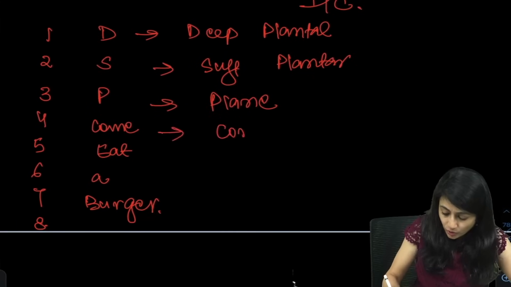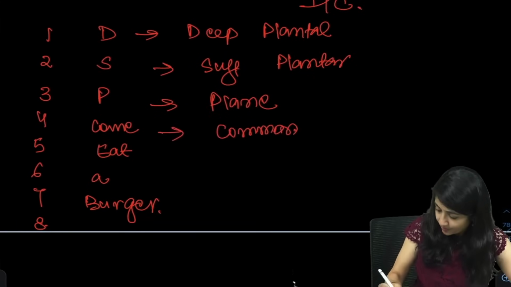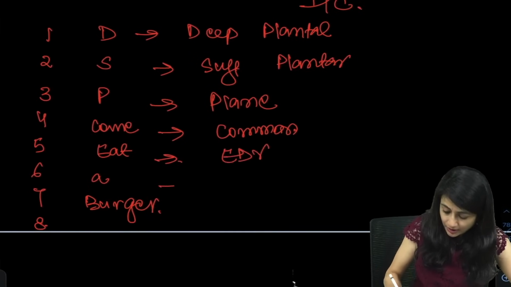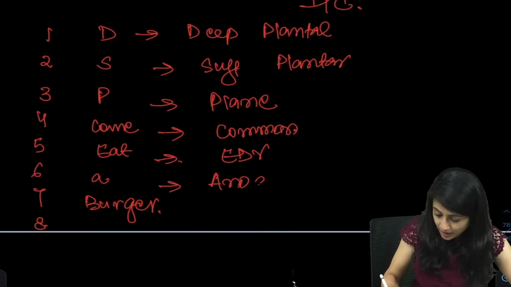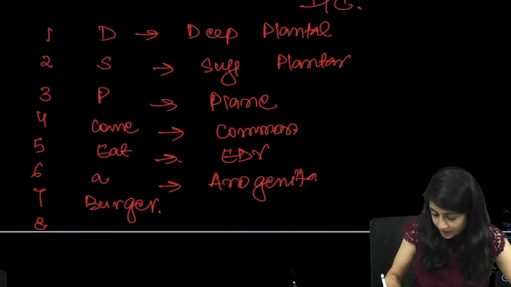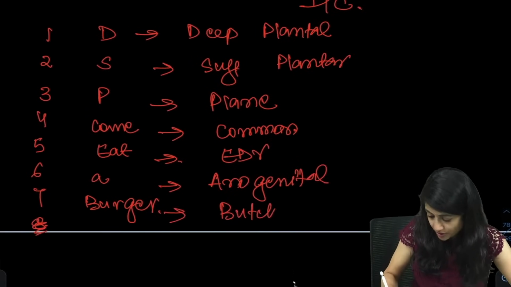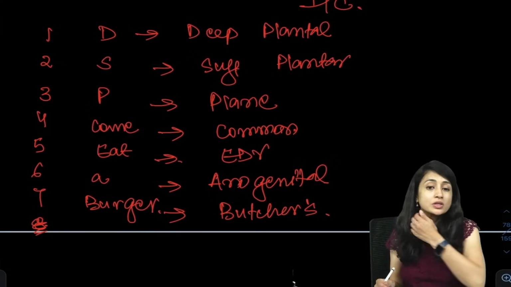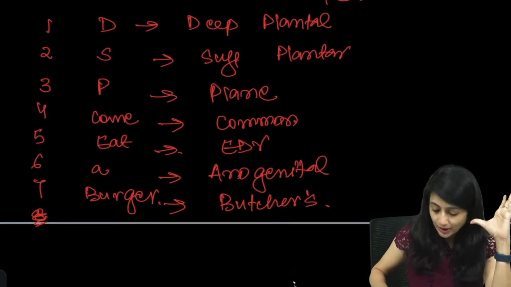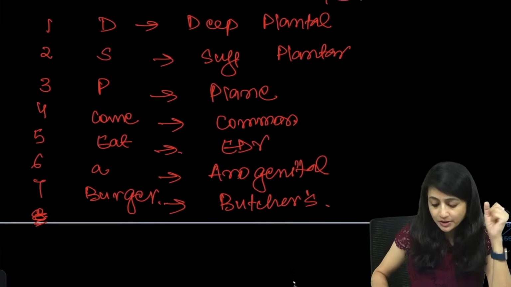C is common wart. E is EDV. A is anogenital. And B is butcher's wart. Okay, so this is the easiest way that I can remember. DSP, come eat a burger.